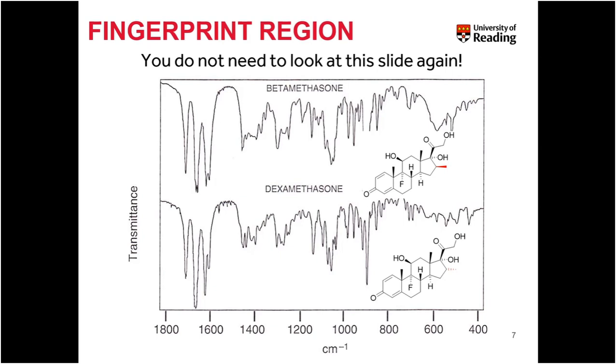So even though we have the same compound with the same functional groups, we have compounds with a different spatial arrangement of atoms. And we're not able to use infrared spectroscopy to distinguish between these two molecules. So this fingerprint region ends up with a lot of absorption peaks, and it makes it very hard for us to work out what is going on.